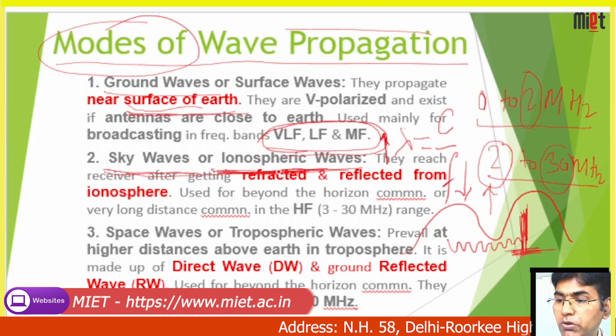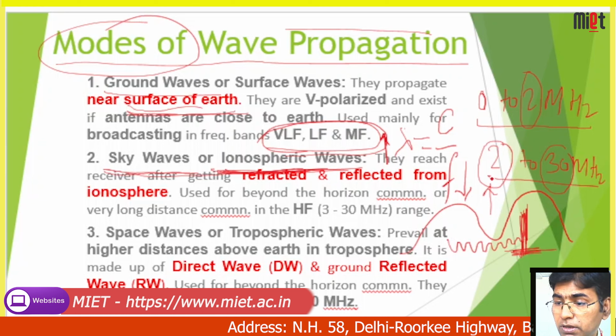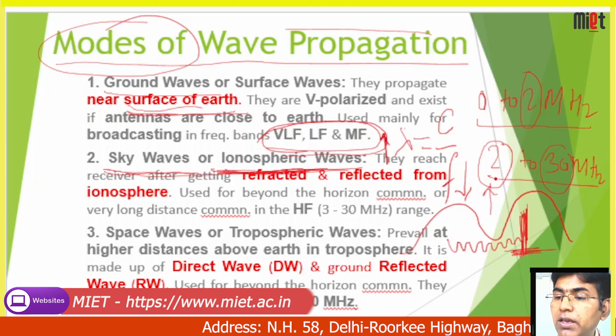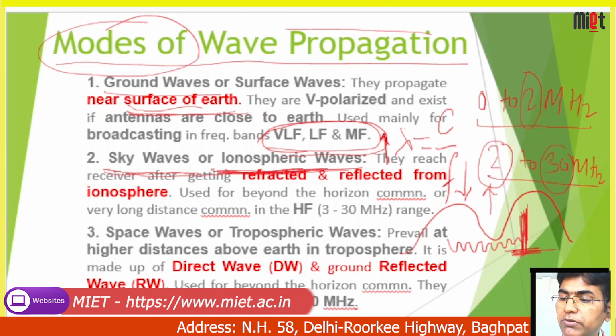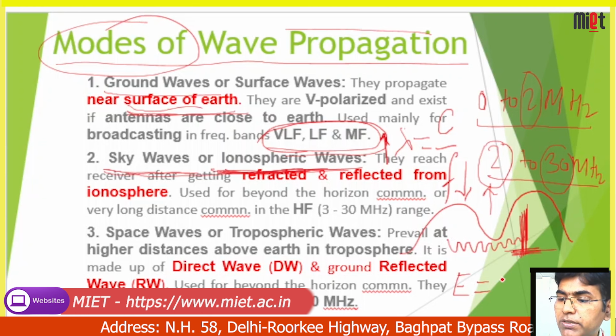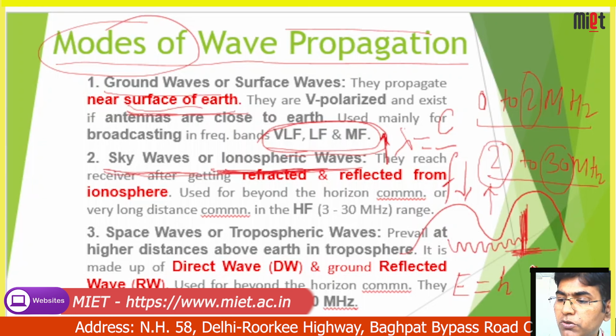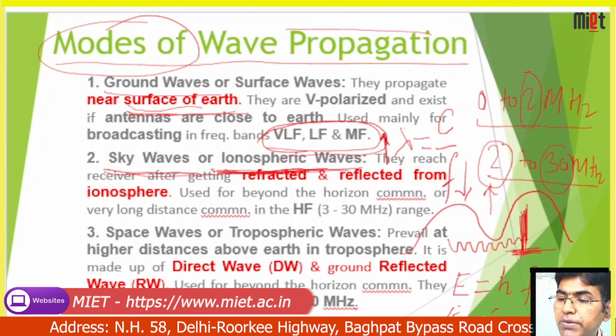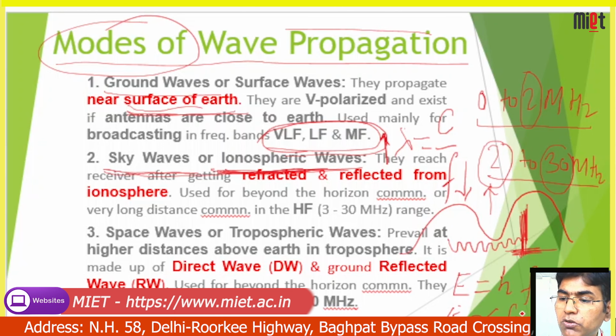So we don't use frequency less than 2 megahertz because the energy of the signal is highly dependent upon the frequency. We know the relation energy equals h into f, means energy is directly proportional to frequency. Higher the frequency, higher will be the energy. Lower the frequency, lower will be the energy.